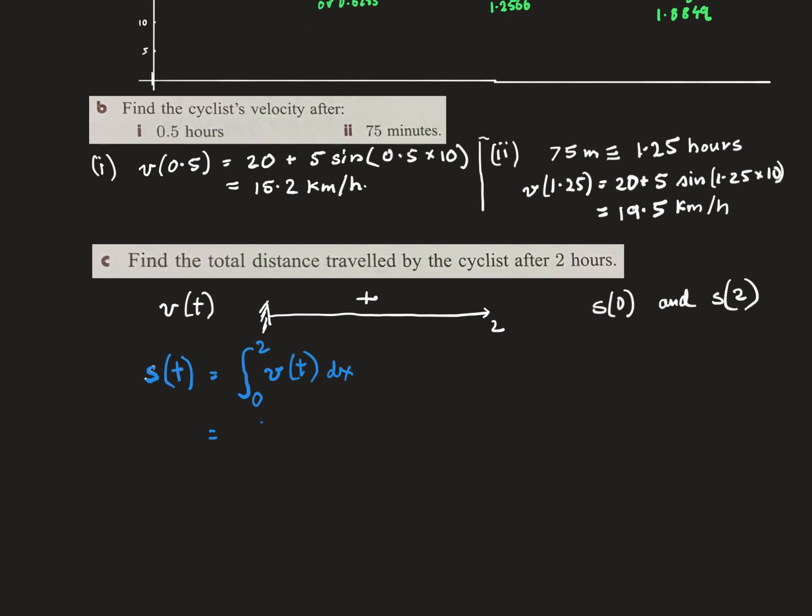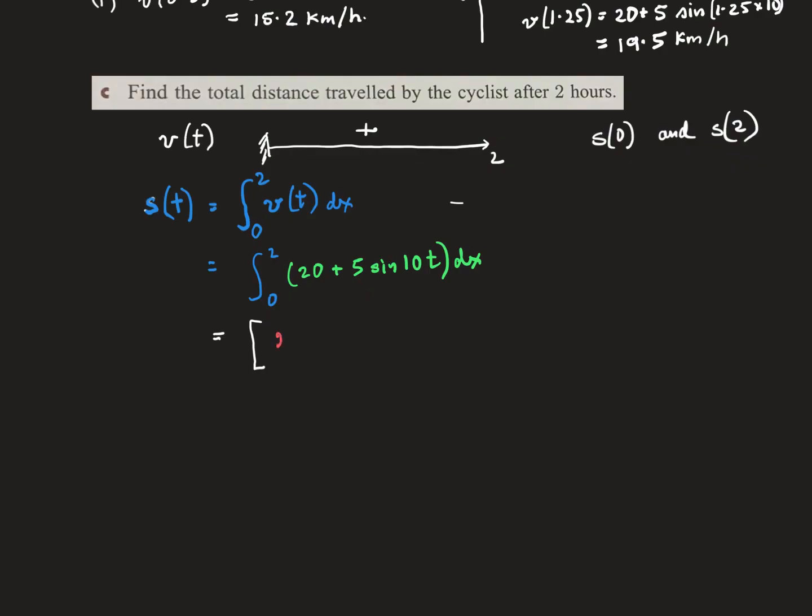So let's do it again. This time we'll put the function in: 20 plus 5 sine 10t. And we need to integrate that function. 20 becomes 20t. Sine is a minus, becomes a minus cos.